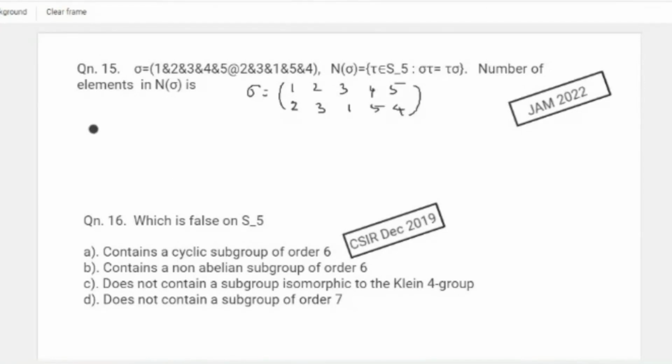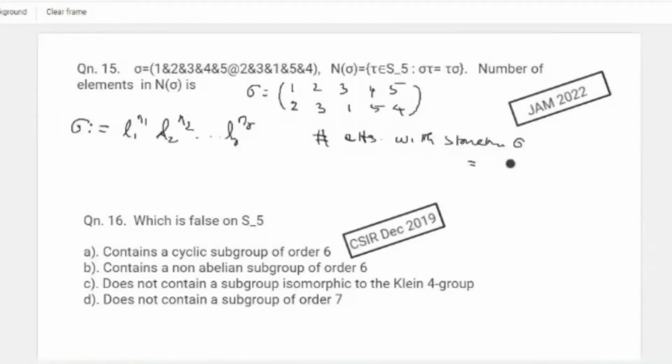Now if sigma has a structure like L1 raised to N1 into L2 raised to N2, etc., LR raised to NR, the number of elements having this structure, as we have seen, is n factorial divided by L1 raised to N1 ... LR raised to NR into N1 factorial ... NR factorial.